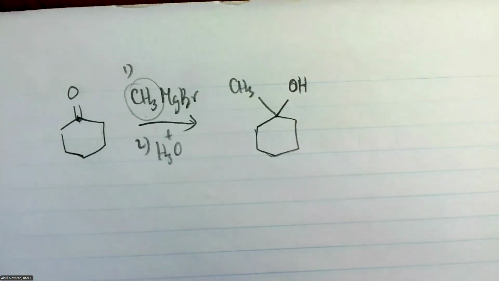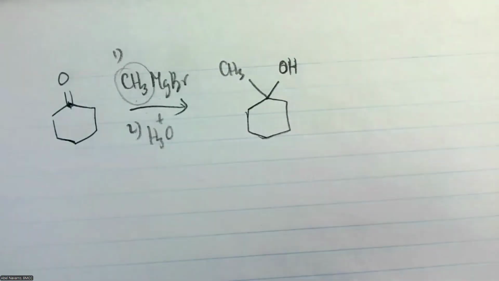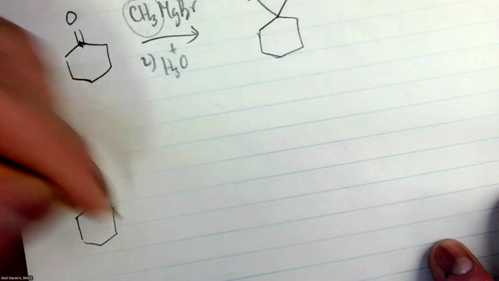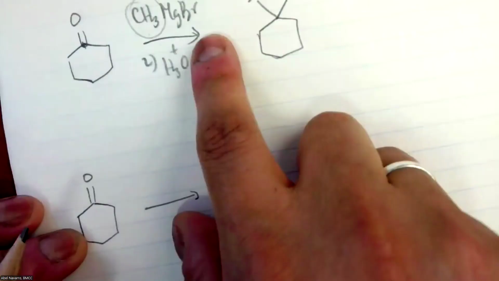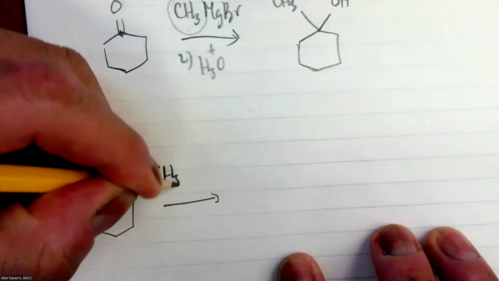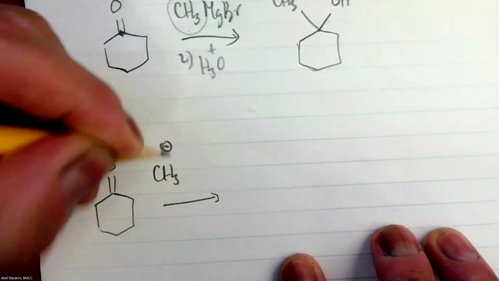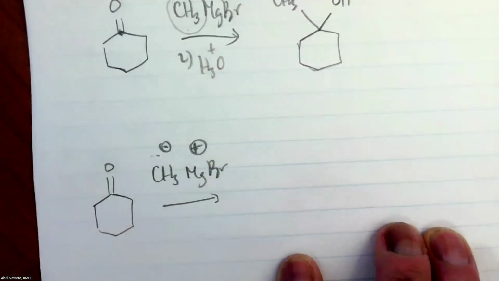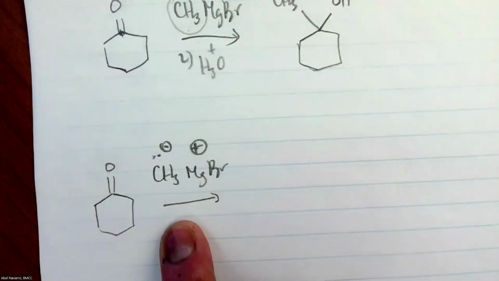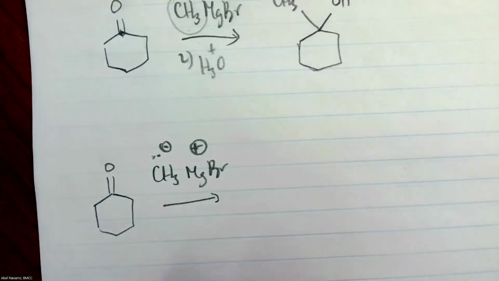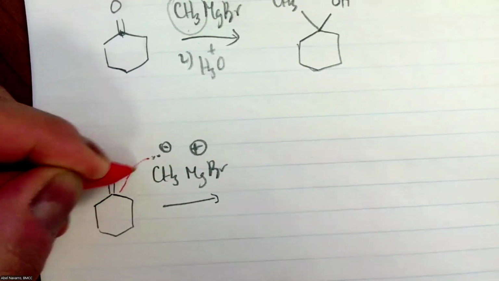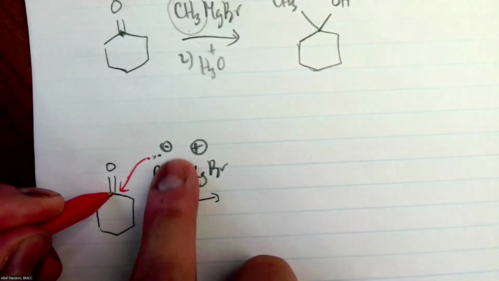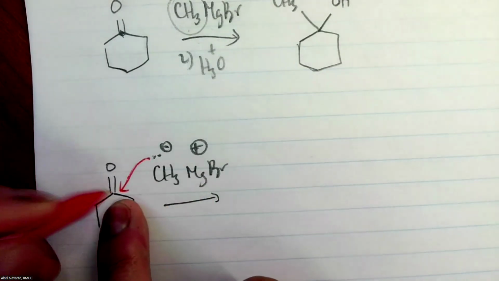Now the mechanism, how does that work? That mechanism we need to know. Remember that the Grignard is CH3 with a lone pair and MgBr plus. That lone pair of electrons attacks the carbon because this carbon is delta plus. The minus nucleophile targets the delta plus.